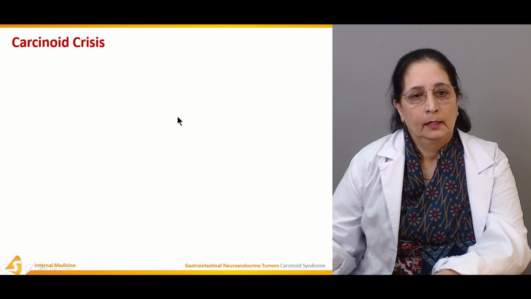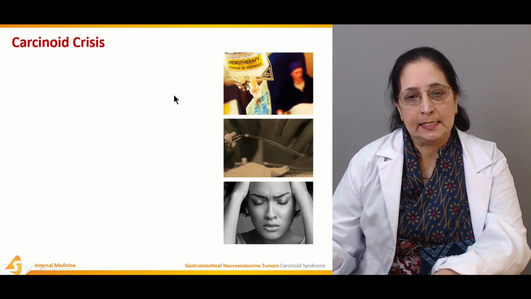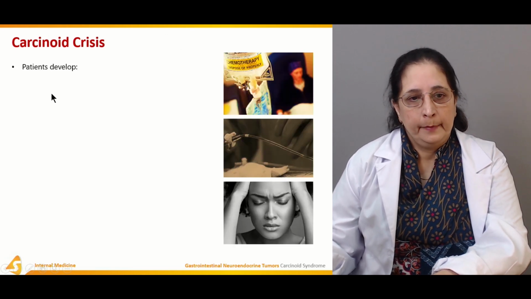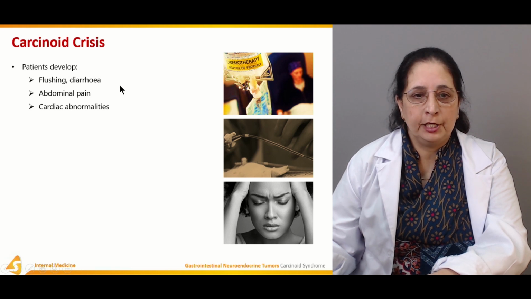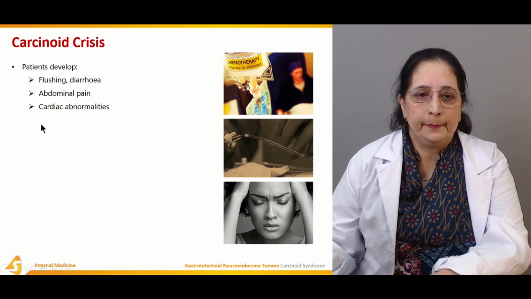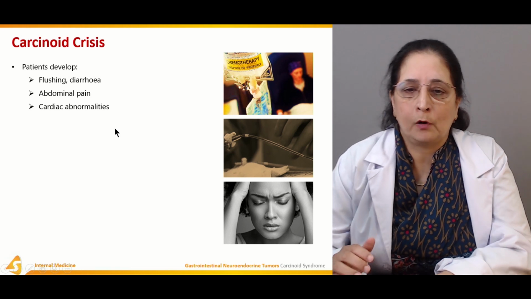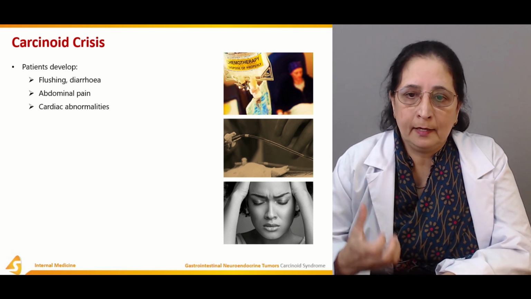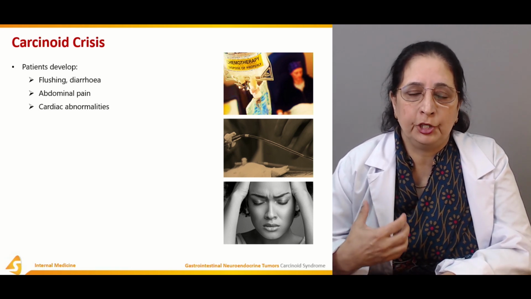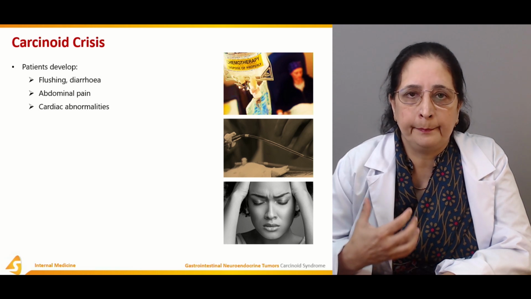Carcinoid crisis. Patients develop flushing, diarrhea, abdominal pain, cardiac abnormalities, severe diarrhea, severe flushing, and very bad pain.